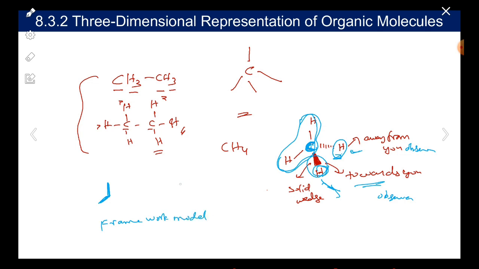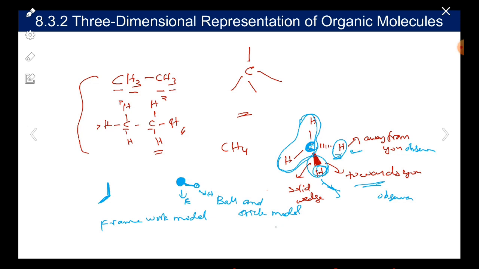And there were scientists who used balls which indicate the atoms. Usually the carbon atom will be a little larger, and there will be a stick to attach the smaller atom, which is usually hydrogen. This kind of representation is also available. This is called the ball and stick model.